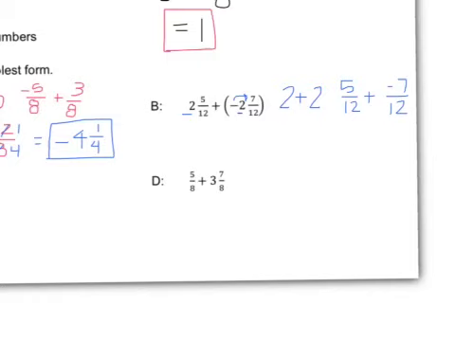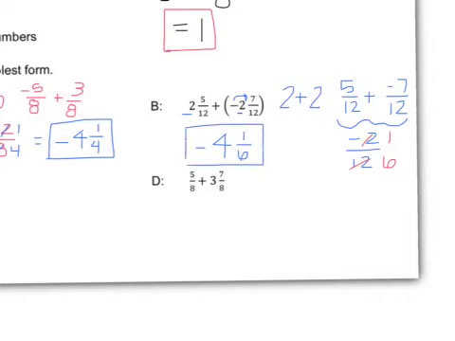So 2 plus 2 is 4. 5 plus -7 is -2/12. Well, those can both be divided by 2, so we get -1/6. Take your negative, put it back out front, and put your 1/6 with your 4. So your answer is -4 and 1/6. Okay, be careful when you're working with those negatives.